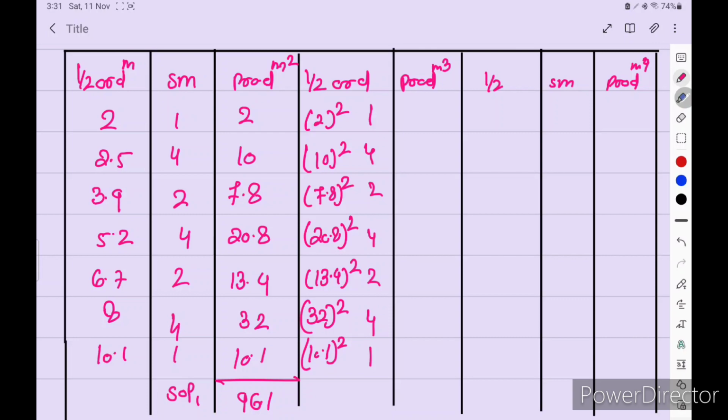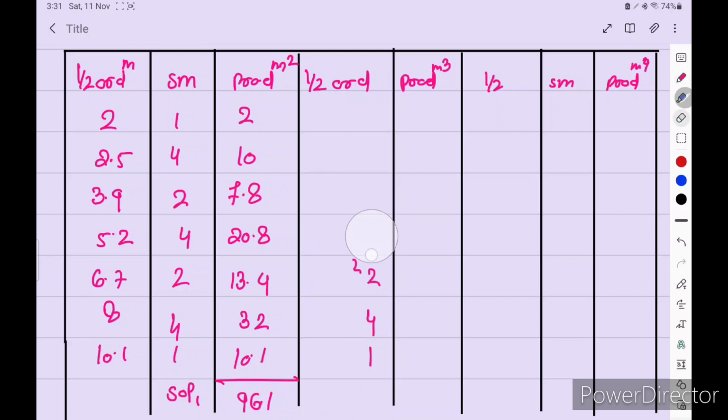But this value we don't need. This is only for understanding purposes. In order to calculate this one, we come directly to number 3.